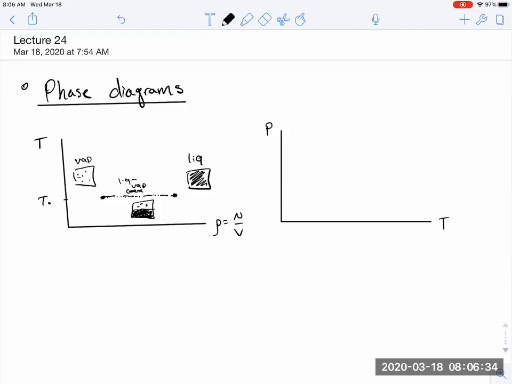Now I could do the same construction at a lower temperature. There would be a different density of the vapor and different density of the liquid, that if I put them into coexistence, they would keep. I could do this also at a higher temperature.